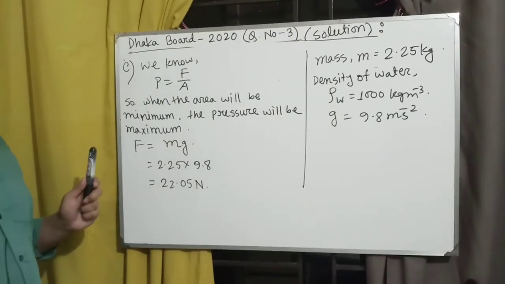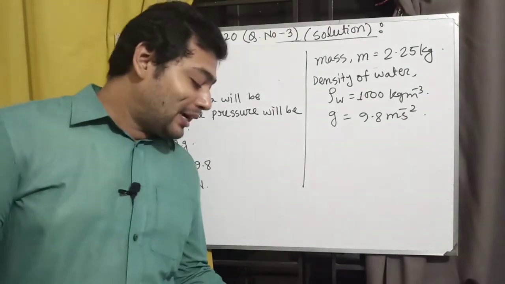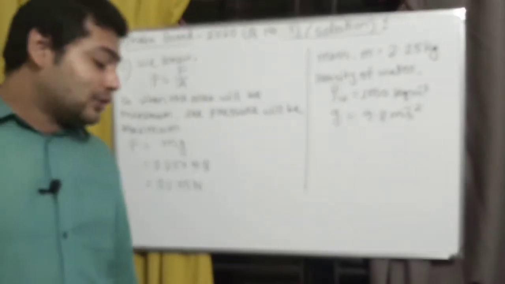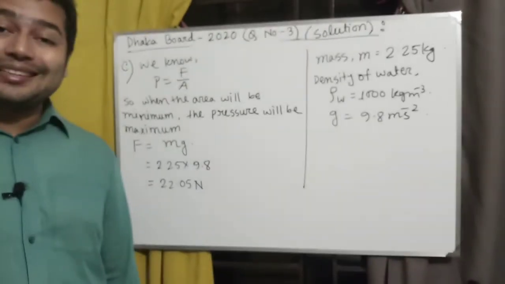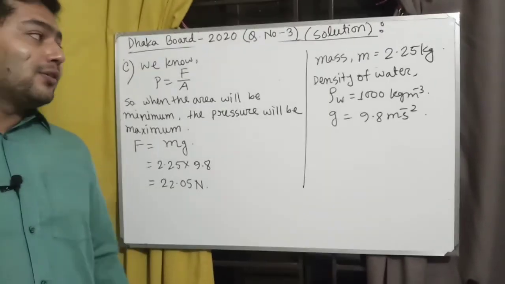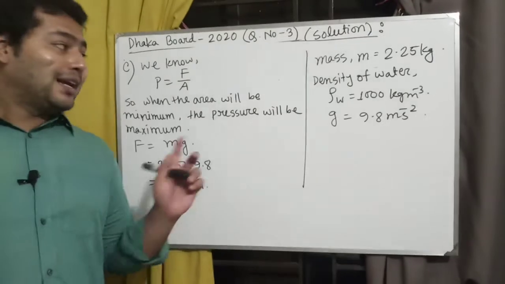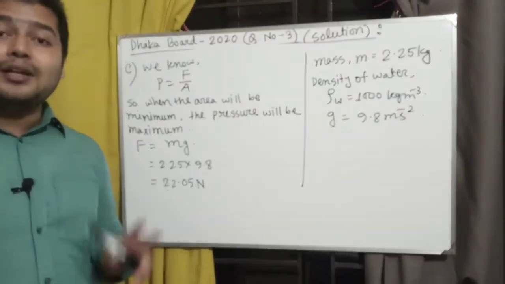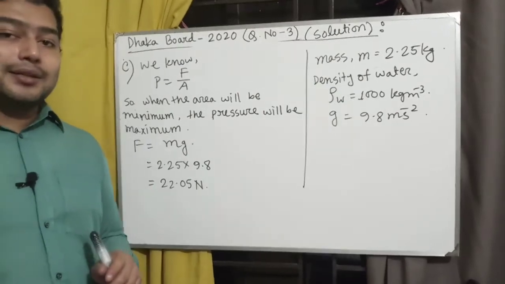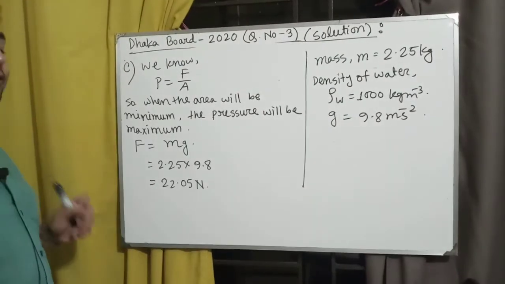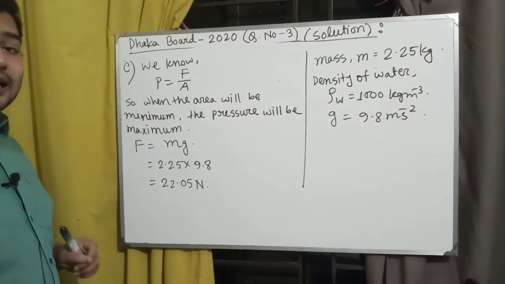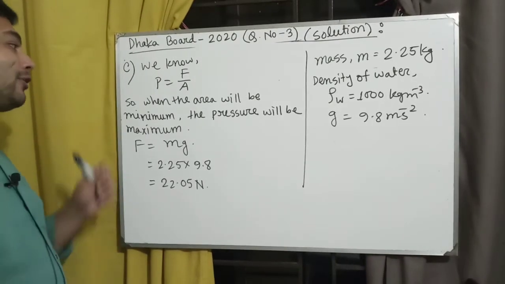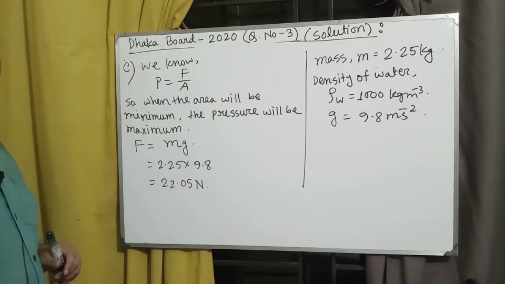Now here the size of this brick is 25 centimeter, 12 centimeter and 6 centimeter respectively. So here for the area, the minimum two values are 12 centimeter and 6 centimeter. Okay, now we will use this minimum area to maximize the pressure.